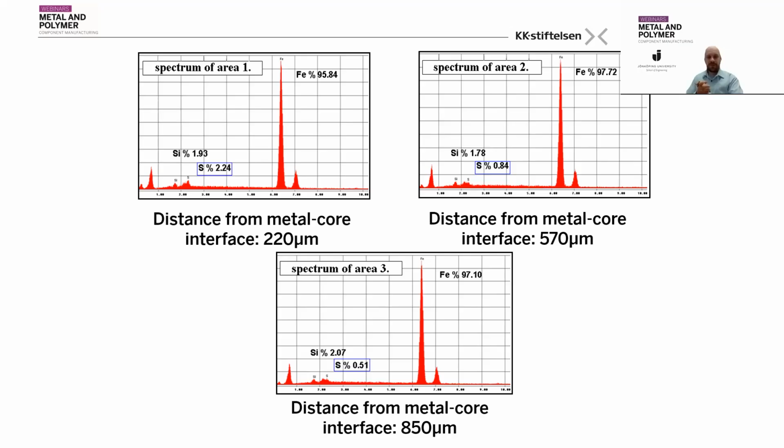Then if we go further, in the transition area, we have a slightly lower sulfur content, and quite a good distance from the metal mold interface. So in the basic matrix, we have measured 0.51% sulfur. Next, please.